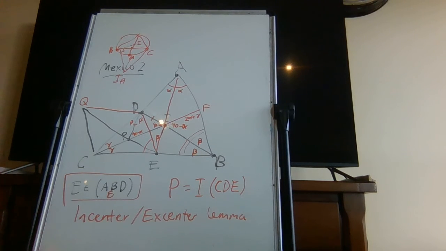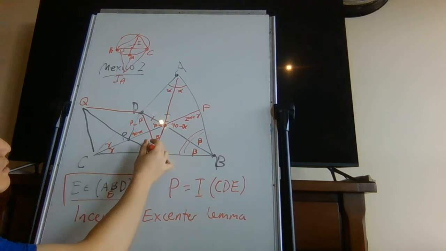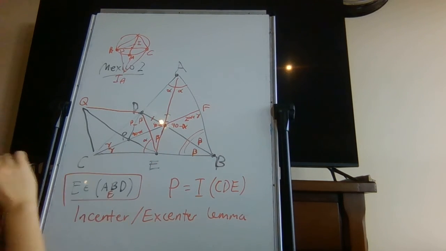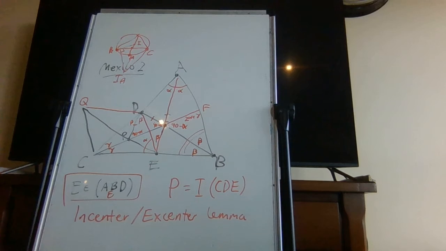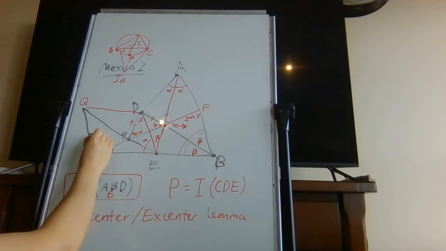There's lots of ways to get that it's 90 degrees as well. We're also told that QCAE is cyclic, right? So this angle here is alpha, and alpha plus beta is equal to this angle here.